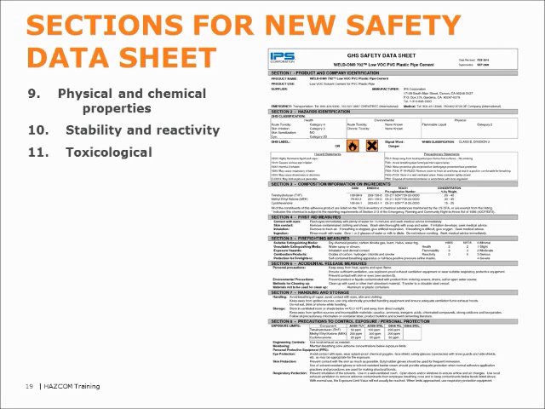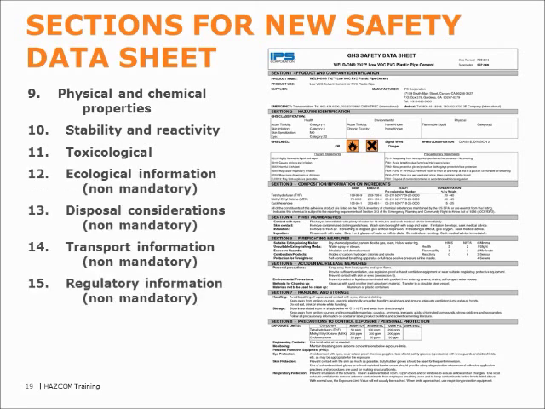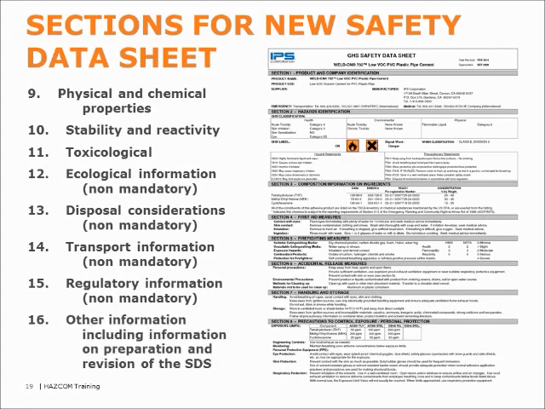Section 11 is toxicological information. Section 12 is ecological information. Section 13 is disposal considerations. Section 14 is transport information. Section 15 is regulatory information. Section 16 is other information, where the SDS was prepared or the last revision date.